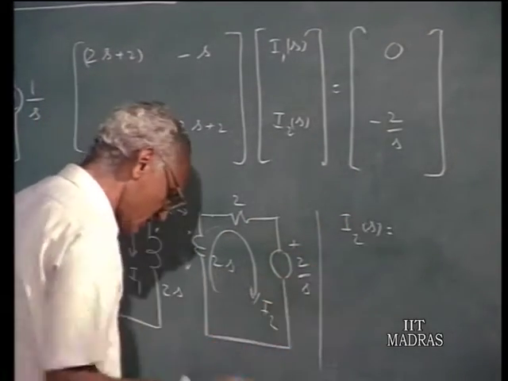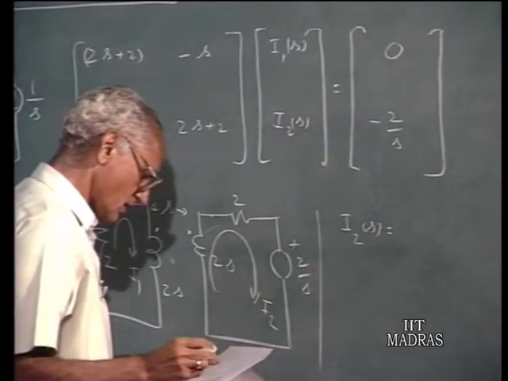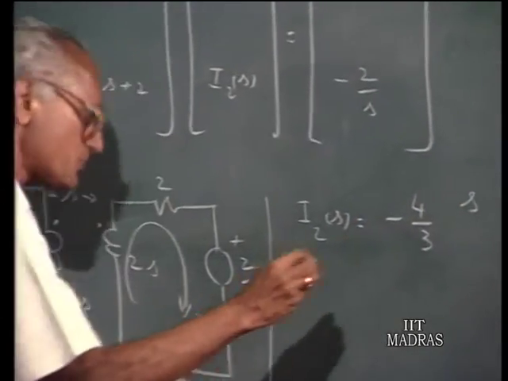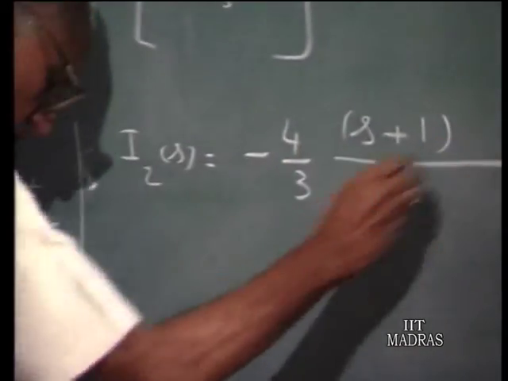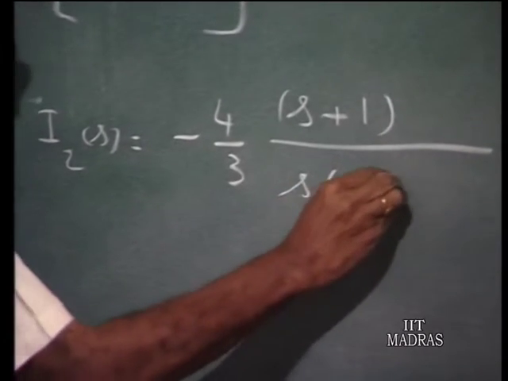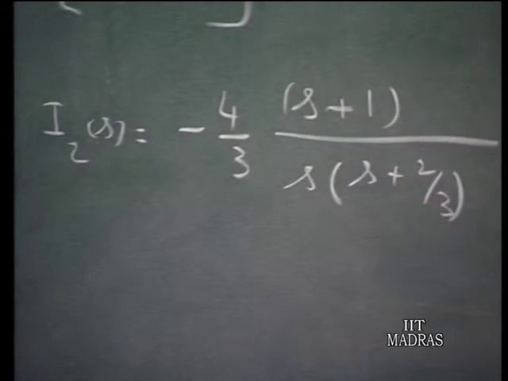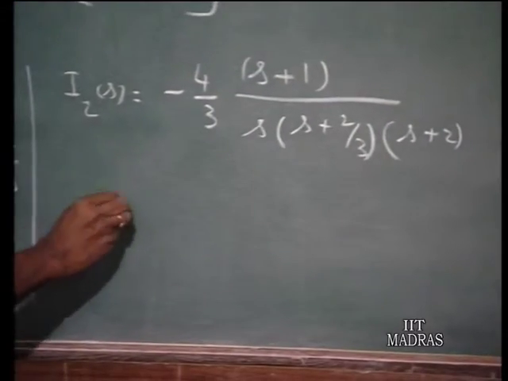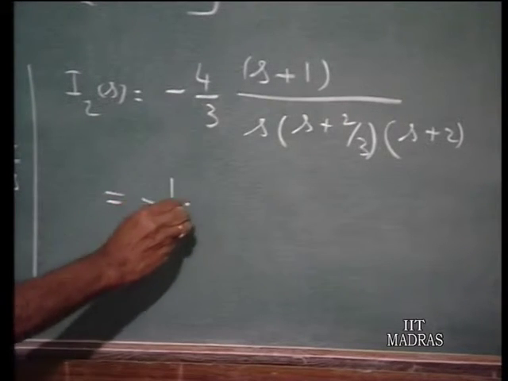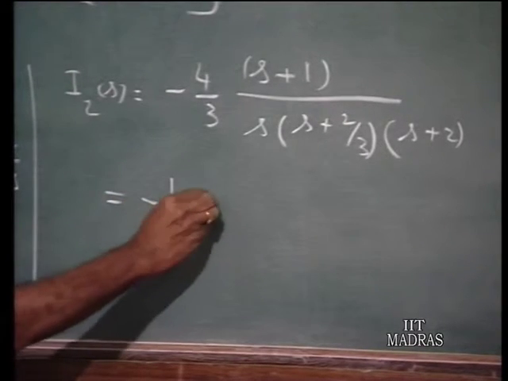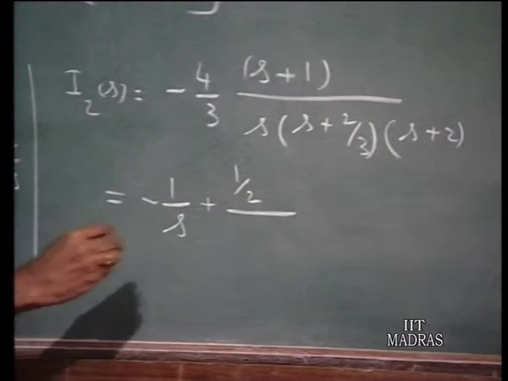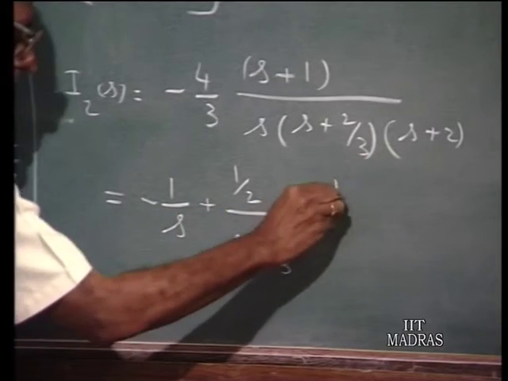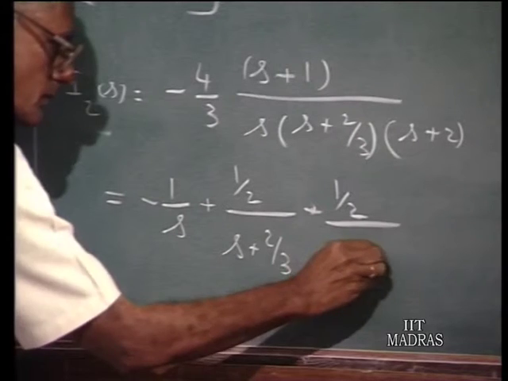The solution of these two equations will give you I2 of S equals minus 4 upon 3 times S plus 1 over S times S plus 2 by 3 times S plus 2, which on partial fraction expansion will yield minus 1 by S plus half divided by S plus 2/3 plus half over S plus 2.